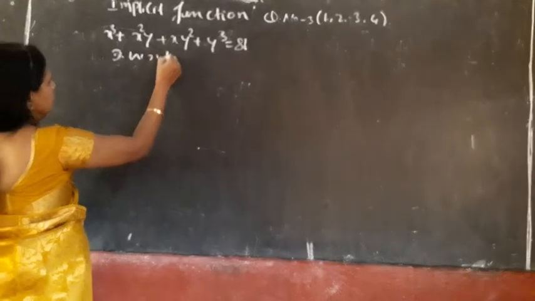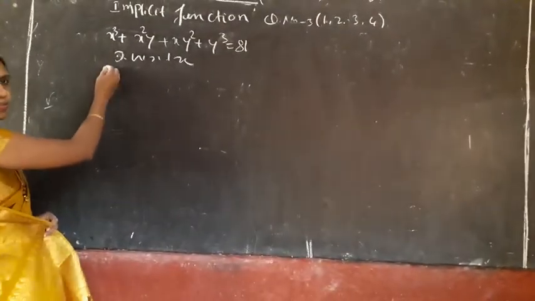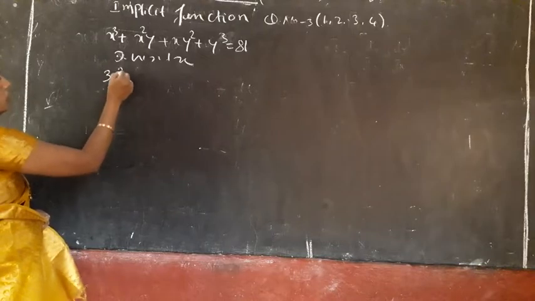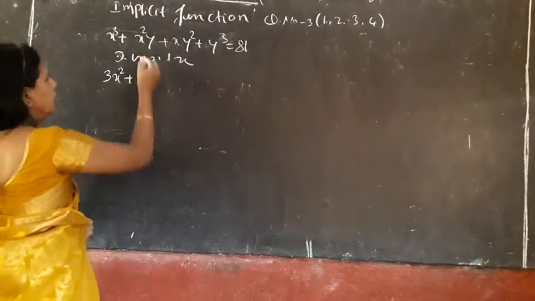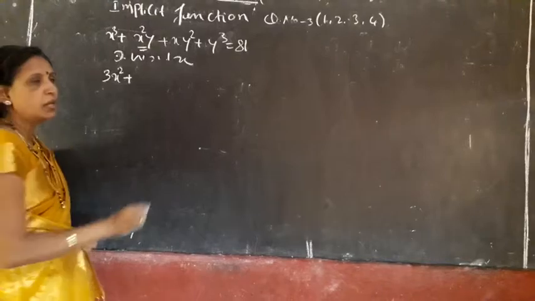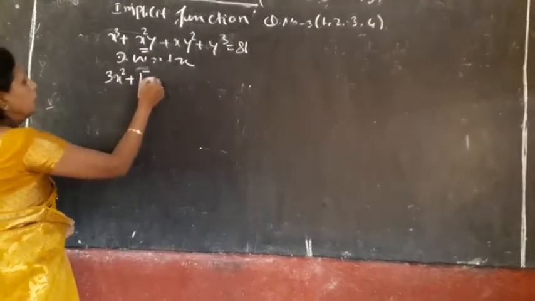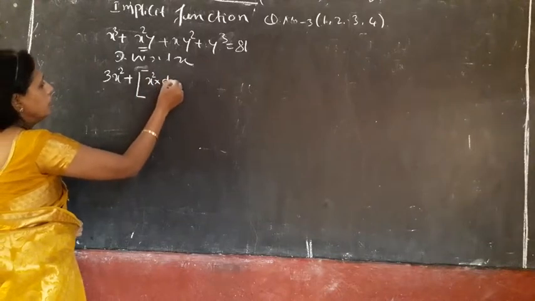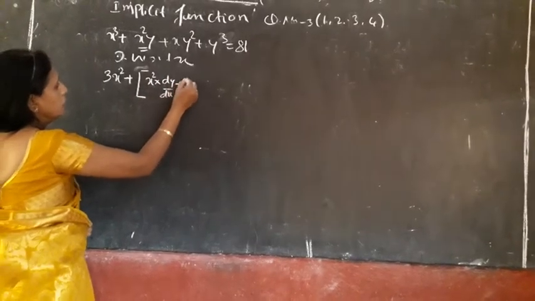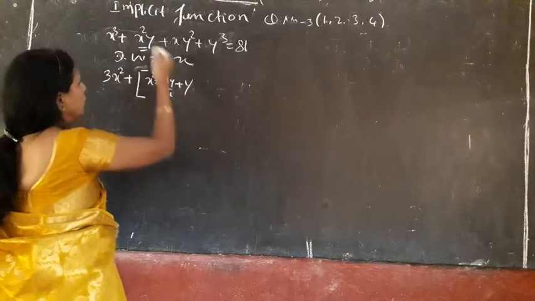Differentiating with respect to x. Differentiation of x cube, apply the x raised to n formula. This becomes 3x square. See here there are two functions, so apply the UV formula. Differentiation of x square y: put x square constant times dy upon dx plus y, differentiation of x square is 2x.